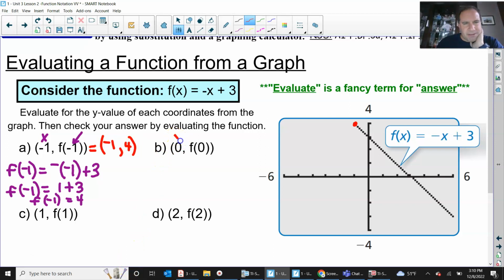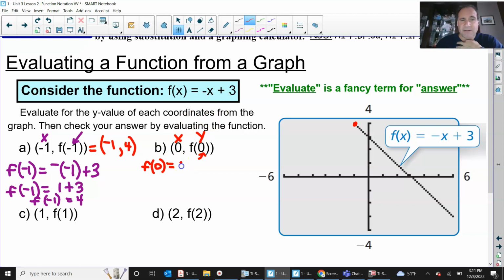So remember, this is the x, and this is the y, right? F of 0, the whole thing is the y. But inside the parentheses, that's what you have to substitute into the function. So we're going to rewrite it. F of 0 equals -x.